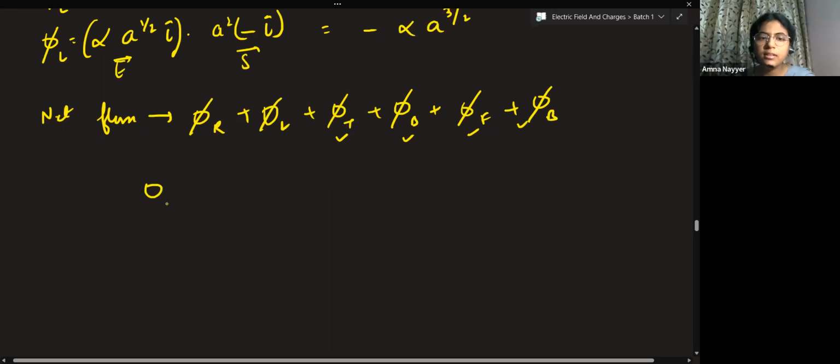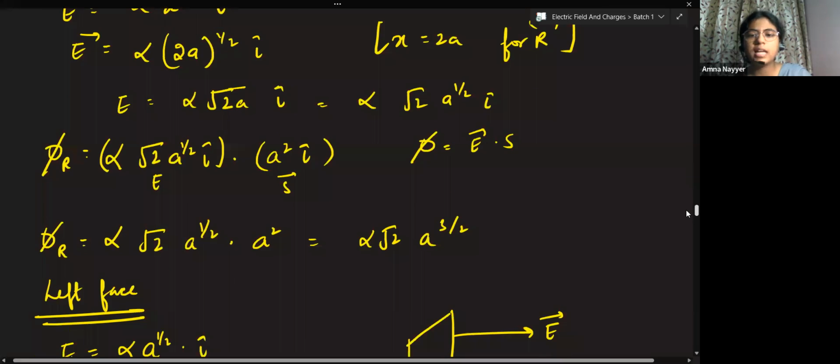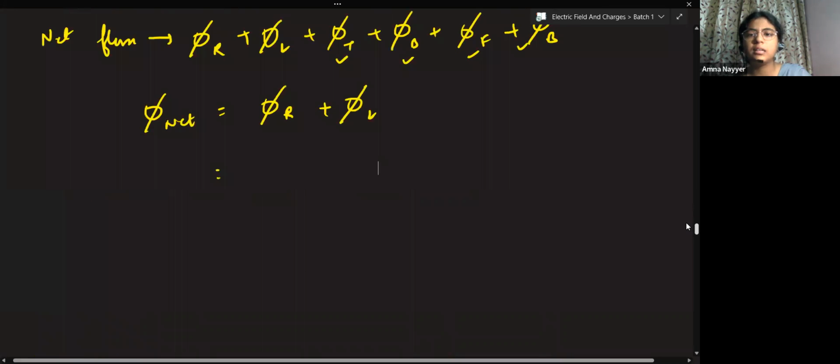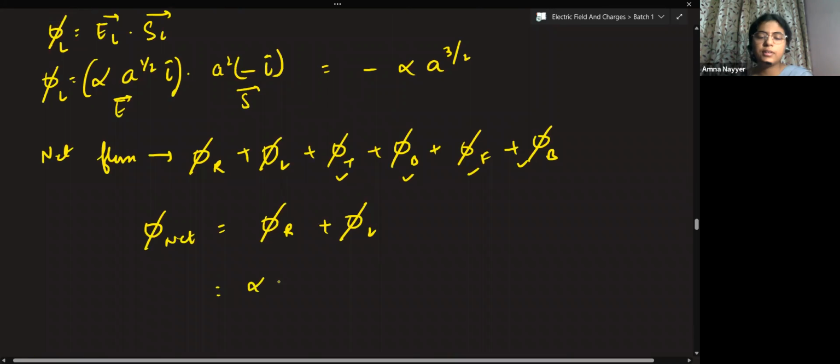So the net flux will be the sum of the electric flux for the right hand side plus the left hand side. For the right hand side, it was alpha root 2 a to the power 3 by 2, and for the left hand side, it came out to be minus alpha a to the power 3 by 2.